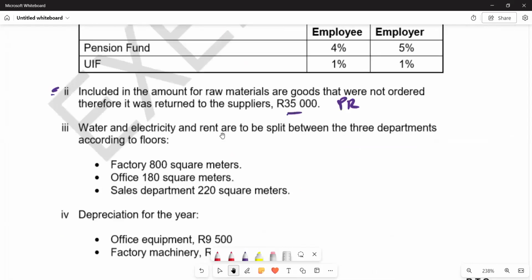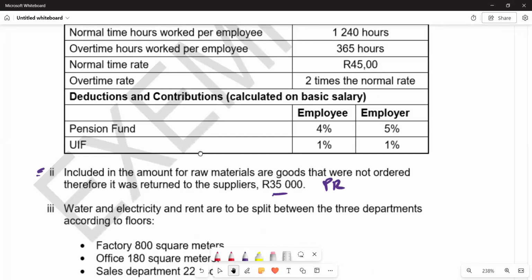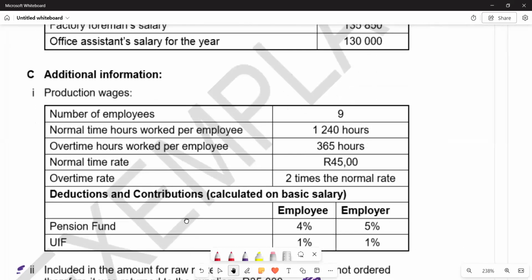You'd see that we have some information that we are given here in terms of production wages. That's where we're going to have the wages. So what we are going to do is calculate the normal time. We are told that there are 9 employees, and the normal time hours per employee is 1,240 hours, which means total number of hours for all the employees is going to be 9 times 1,240 to get the total.